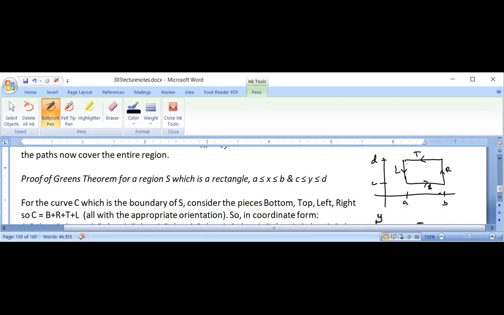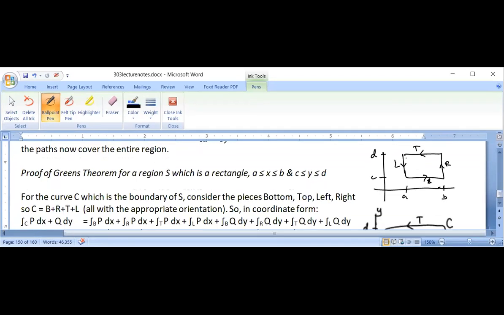Okay. So let us start out by doing the line integral around that path for some vector field F, which is P comma Q. So the line integral written out in coordinate form is the integral over the curve of P dx plus Q dy.